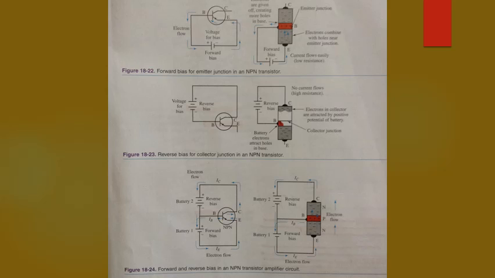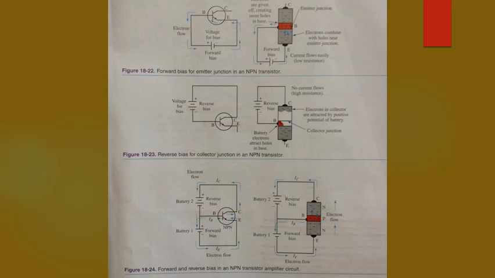Both forward and reverse bias are needed for the operation of a transistor amplifier. Figure 18-24, bottom of your screen, shows a complete NPN transistor circuit. Notice the forward bias in the emitter junction and the reverse bias in the collector junction.